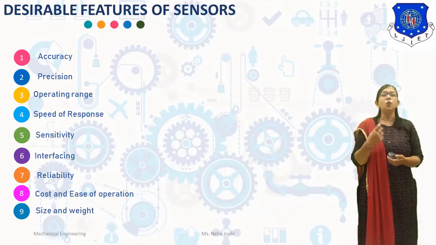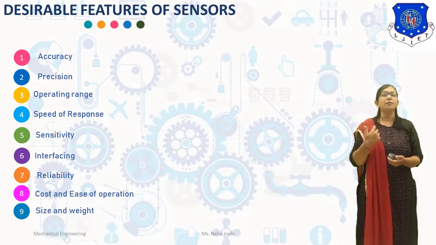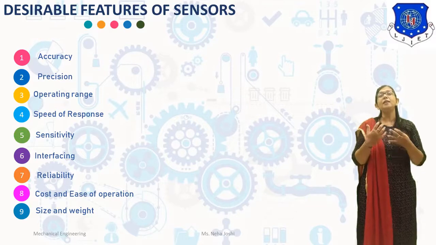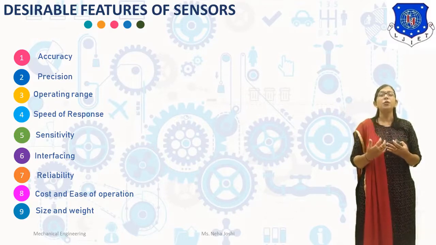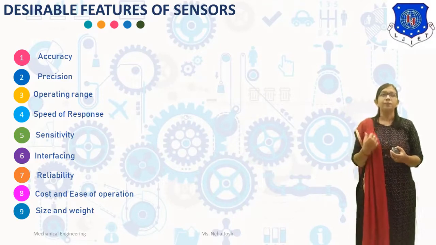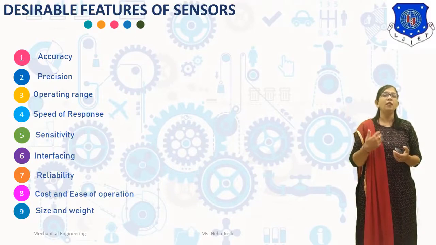The next feature is cost and ease of operation. Sensor cost should be moderate and it should be easy to operate. The last feature is size and weight. Size is a critical consideration for joint displacement sensors. When robots are used as dynamic machines, the weight of the sensor is also important. Okay, so these are the desirable features of sensors in robots.